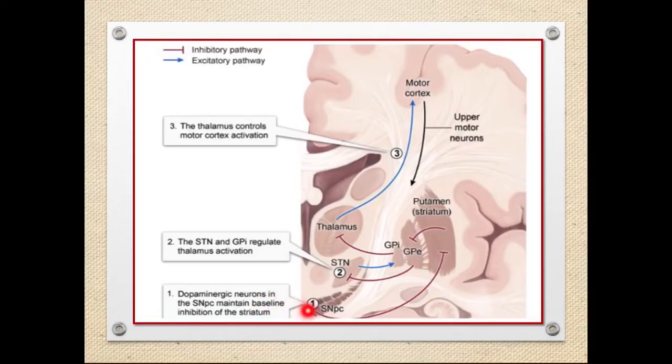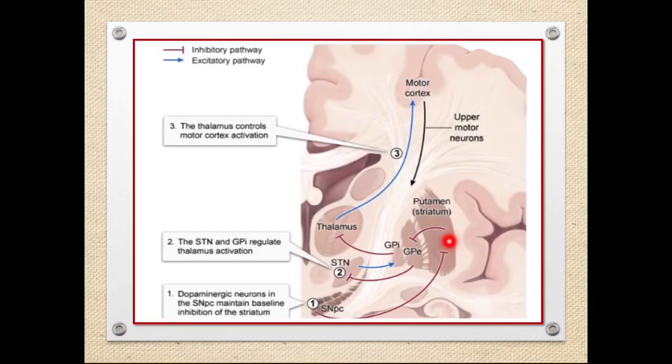So from the substantia nigra pars compacta, which is present within the brain stem, the midbrain, this connection goes to, see, yes, this one, putamen, the substantia nigra to striatum, nigrostriatal pathway. This nigrostriatal pathway goes via D1 or D2 inhibitory pathway.